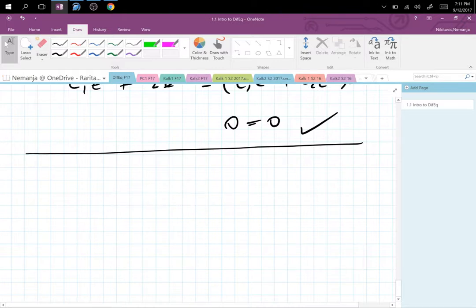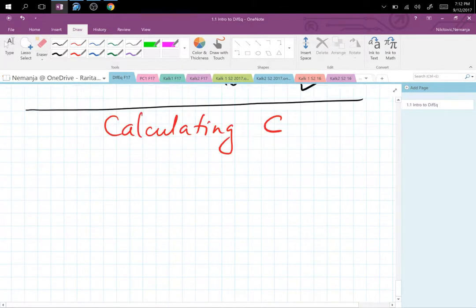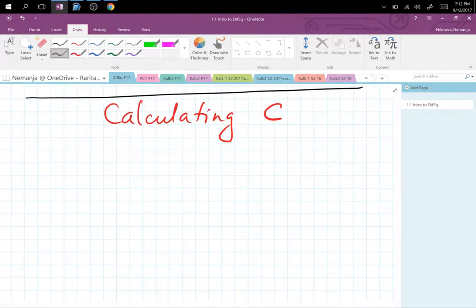The next part is the talk on obtaining C, calculating C. So, as we do this, let's say I have an equation that says y' = x squared.